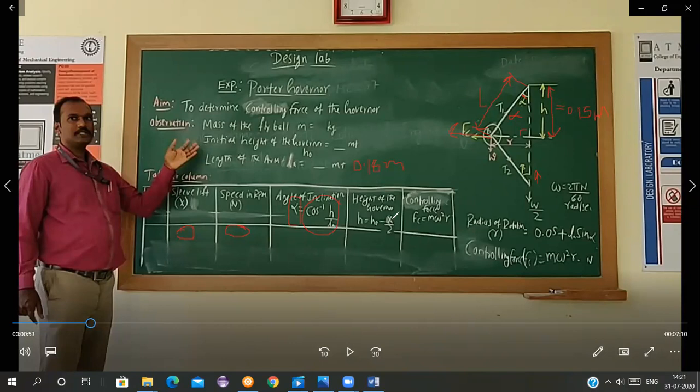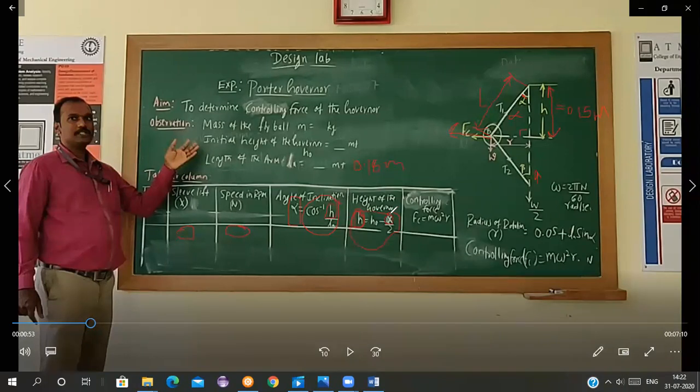Then we can find out the height of the governor. H is equal to h naught minus x by 2. This h we have to substitute here, which we will get by h naught minus x by 2. Whatever the sleeve lift is, we have to put it here.